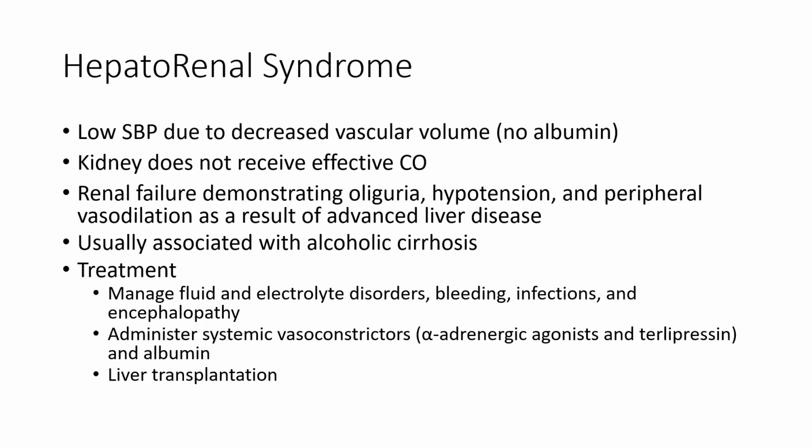One of the usual causes for this is alcoholic cirrhosis. The treatment is to manage the fluid and electrolytes, the bleeding, infections, and encephalopathy, minimize the amount of protein the person is eating, administer systemic vasoconstrictors, and give transfusions of albumin, and obviously ultimately get them a new liver with transplantation.